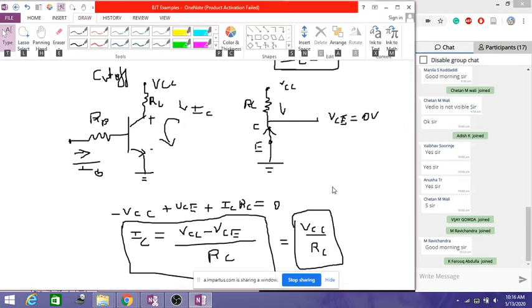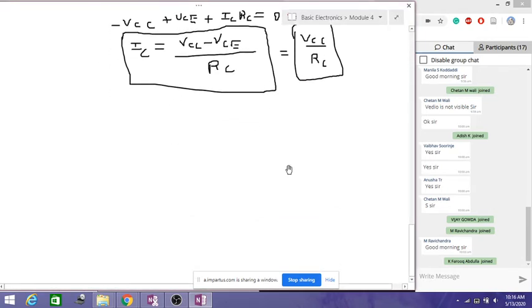Now let us look into a few examples here with respect to this switching action. So here there is one example. So let me write that.